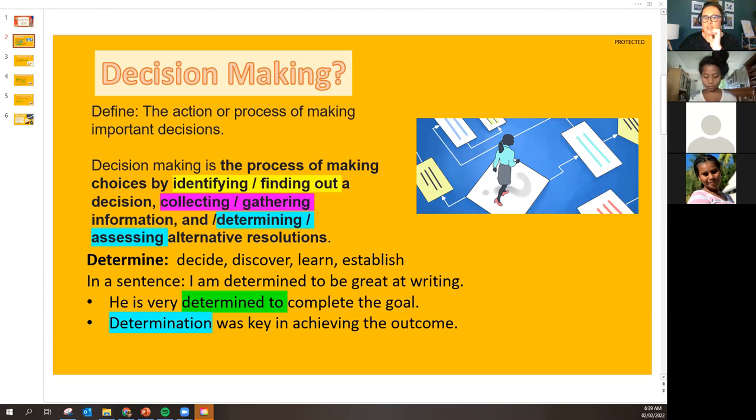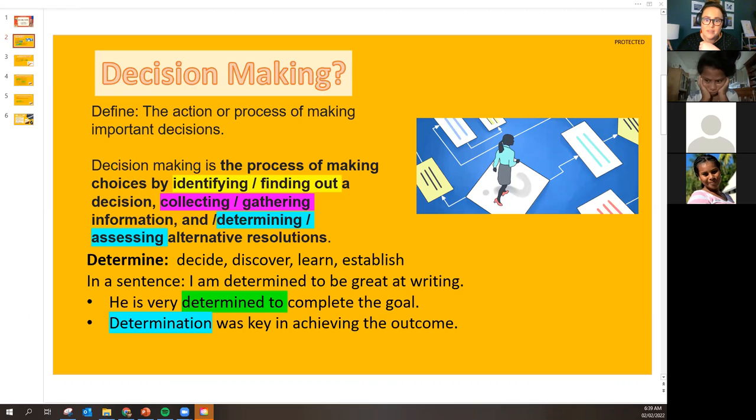Okay. All right, so we've got determine. So other words for determine, we've got decide, discover, learn, and establish. So when we're looking at the word establish, have you ever used the word establish before? It's such a great word to use when you're trying to discover and learn something.